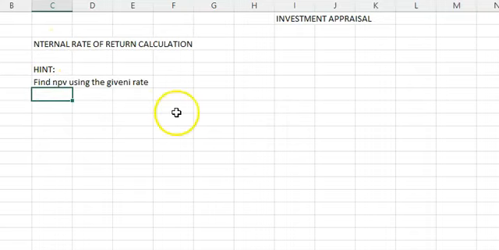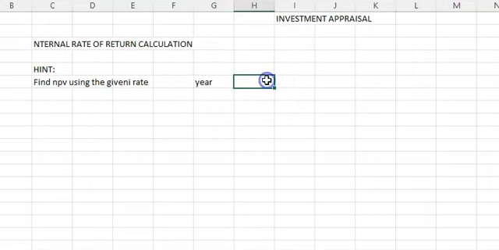So let's first follow the instructions one by one. Find the NPV using the given rate. How do you calculate NPV? This is how to do it. We say cash flow, discount factor, just say DF, and then we were given 17% in the question, and then we say present value.